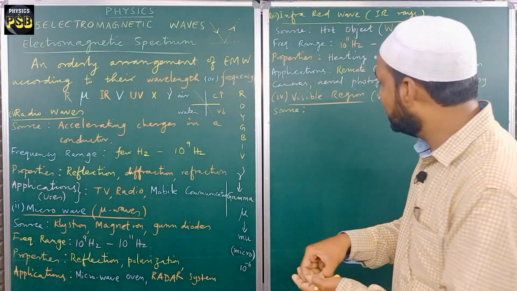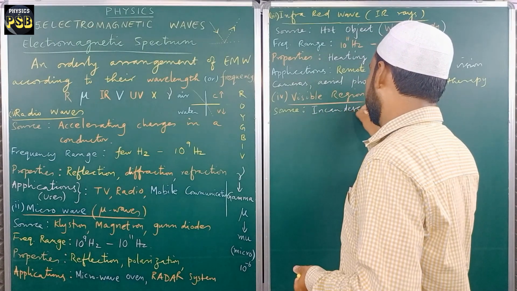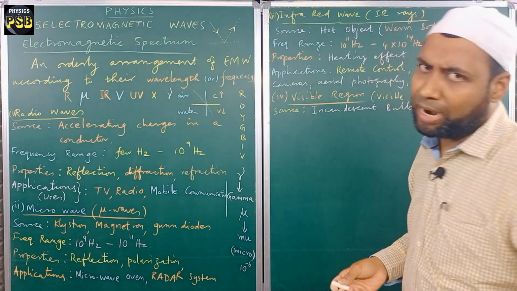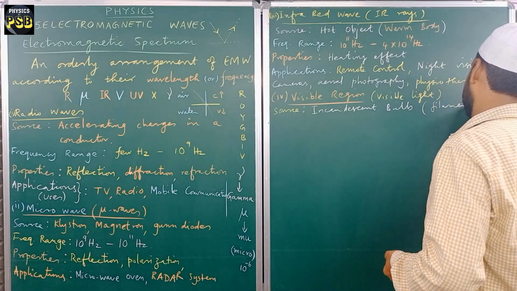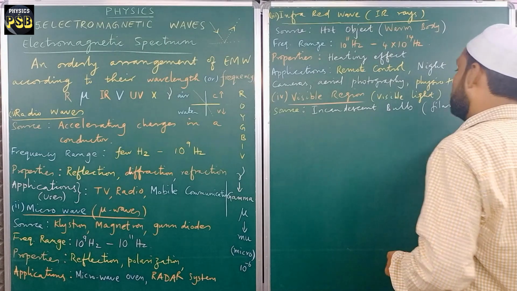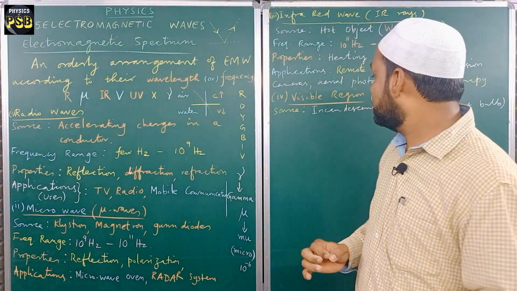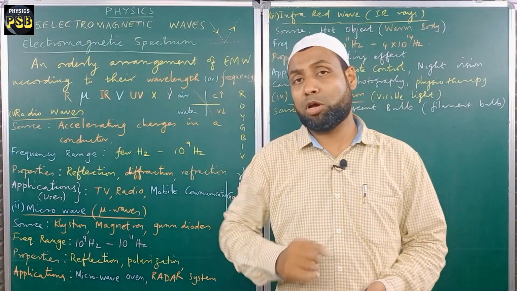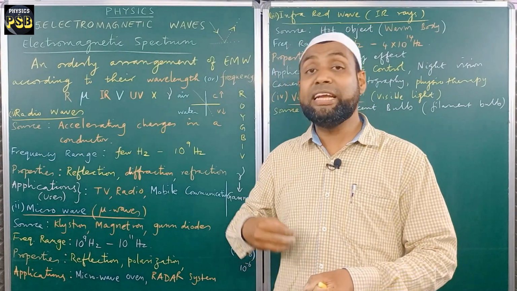Okay, what is the source? Incandescent bulb. What is this incandescent bulb? Incandescent bulb is nothing but a filament bulb. The source of visible light. And what does incandescence mean? It is a process of giving out light by heating an object.